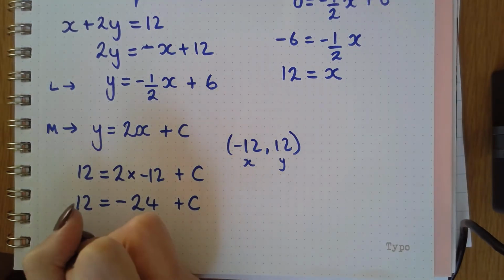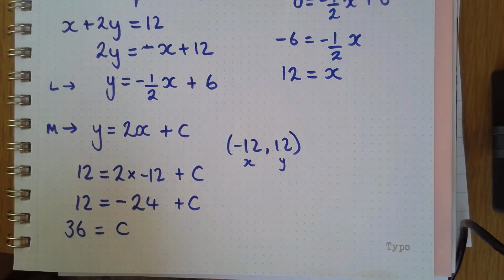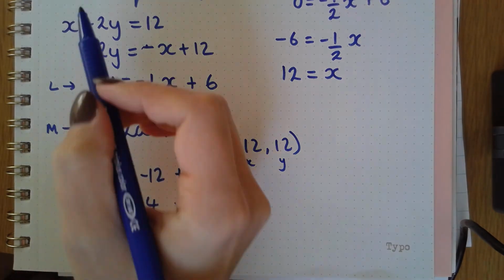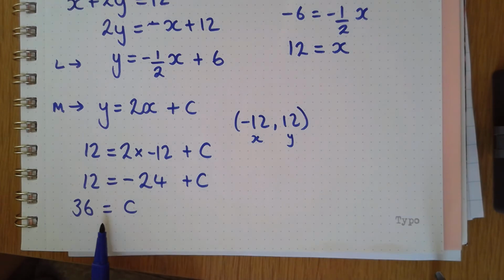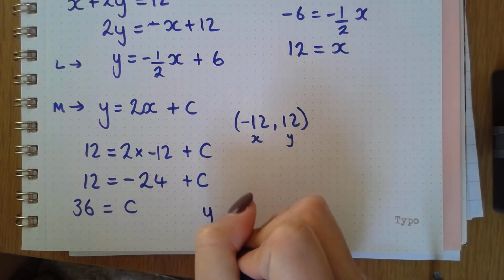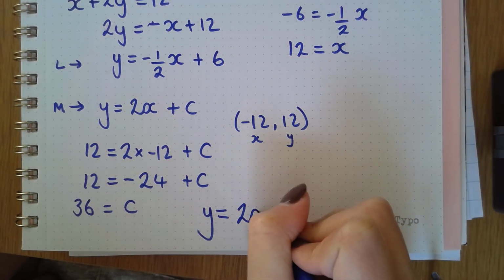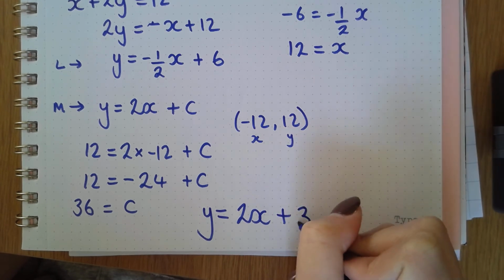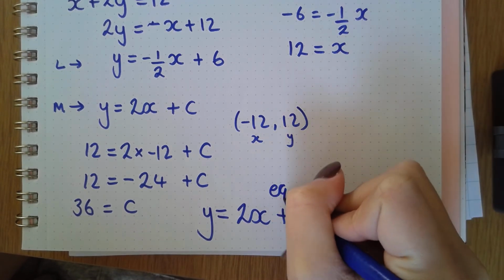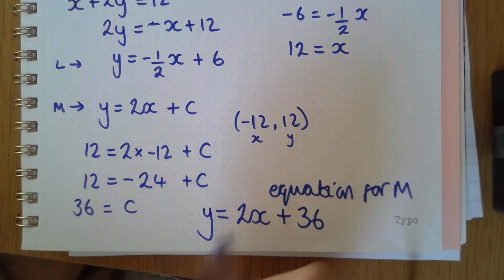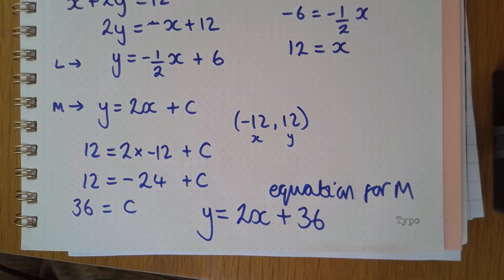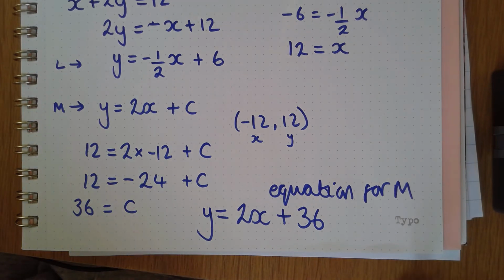Add the 24 to both sides. 36 is equal to c. Then it asked you to find the equation for M. You can't leave it like that because that's not the equation. So the equation for M is y equals 2x plus 36.